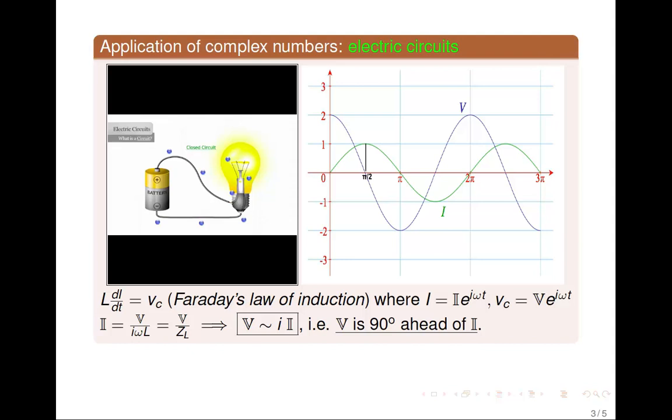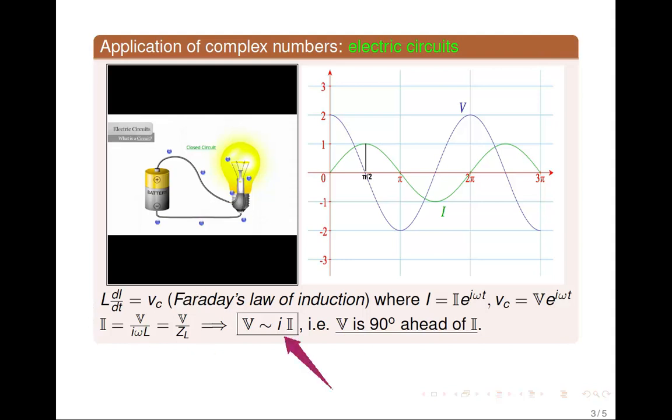When we use these phasor representations, which are complex representations of the current and the voltage, in this equation of Faraday's law, we recover a very important relation between the current I and the voltage V, which is given here.